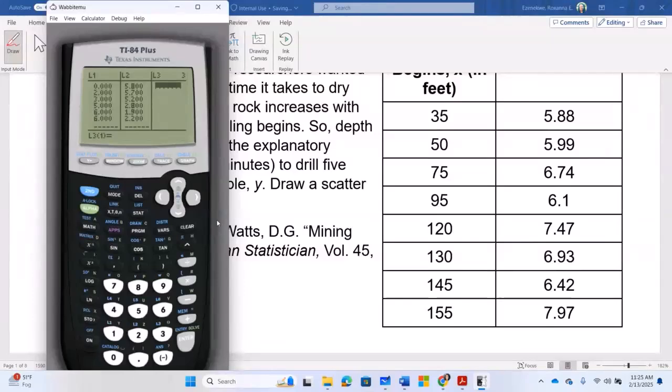The first one is 35, enter. 50, enter. 75, 95, 120, 130, 145, 155. But that's not all of them, so we have to go down and keep entering them. We still have more of them.